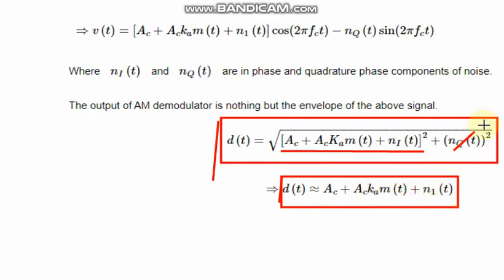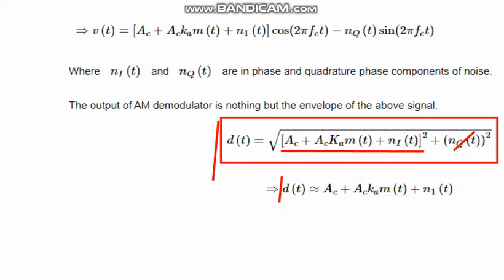Here you can see that only this Ac Ka m(t) has the message signal. So if we use a low pass filter at the end of the receiver, with cutoff frequency matching the message signal frequencies, it will receive only this Ac Ka m(t) signal at the end of the receiver.